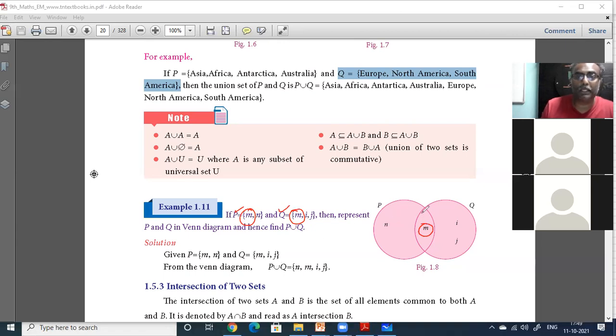It is drawn in the area where both are intersecting, where P is intersecting Q. Very important: elements that are only in set P, you write in this area. Elements that are only in set Q, you write in this area. That is how you should draw the Venn diagram.